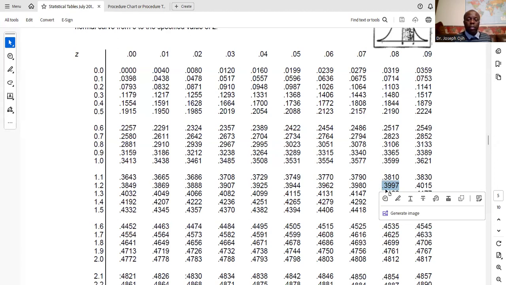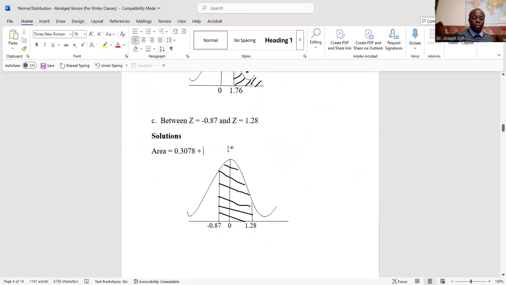Okay. 0.3997. 1.2 under 8. 0.3997, write it down. Plus 0.3997. So you can write it there. And that will give you the answer.